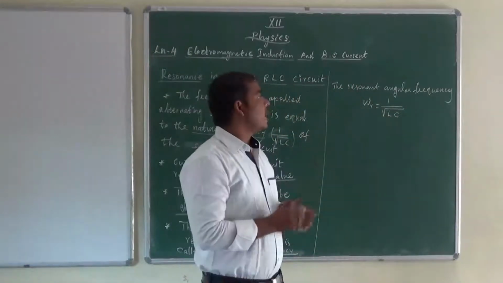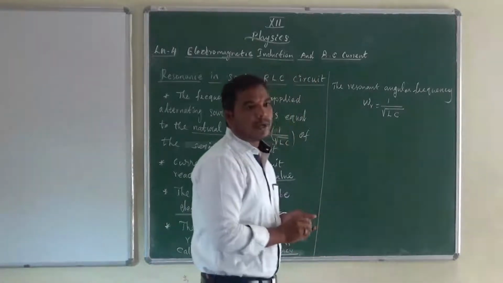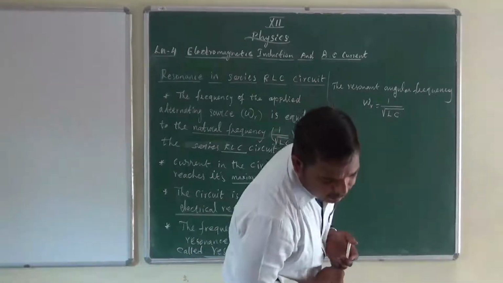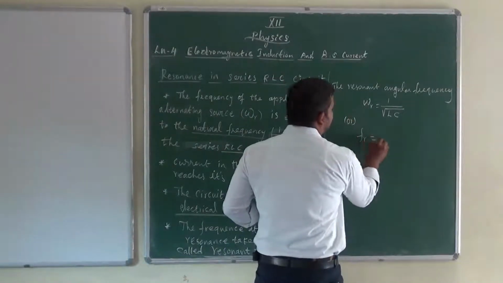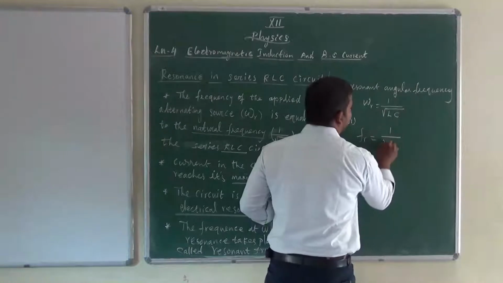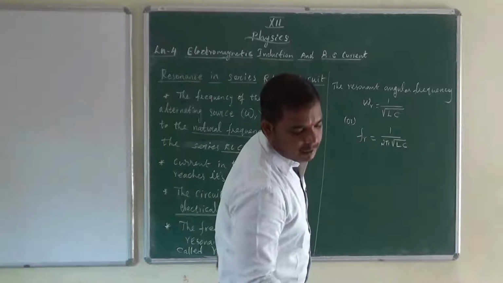The resonant angular frequency omega R equals 1 by root of L into C. Or we can represent the resonant frequency as f equal to 1 by 2 pi root of L into C.